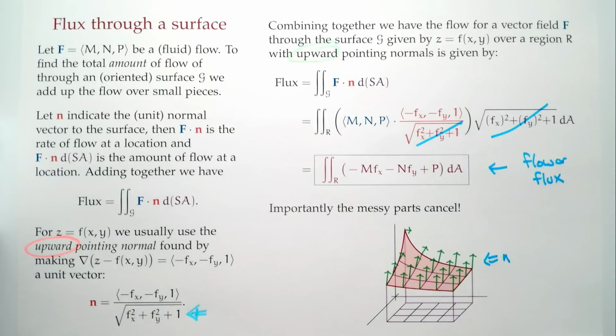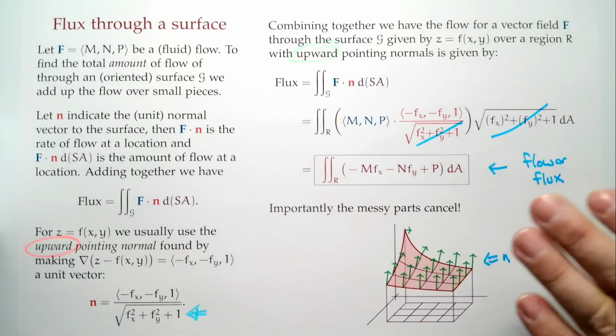So the two big takeaways for today are how do you do surface integrals? And as a special case, let's talk about flux through a surface. So let's do some examples. Any questions, I guess I should ask? This is a little bit more abstract than usual, but examples will probably help.